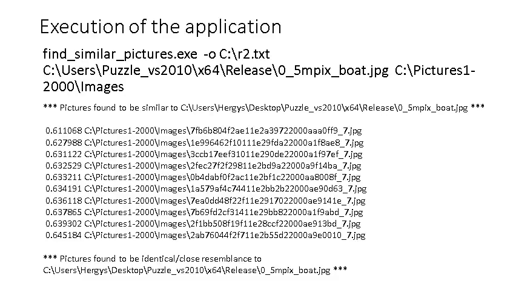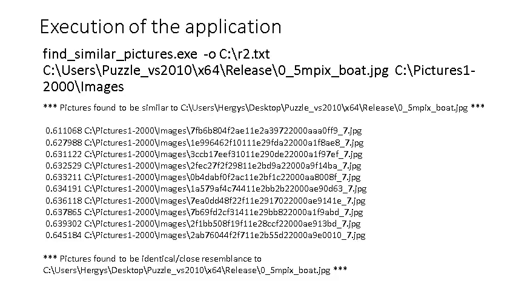Execution of the application. Here we demonstrate execution with 3 arguments. We explore the option -o for printing the results into a file, and we compare a picture with a dataset of images.